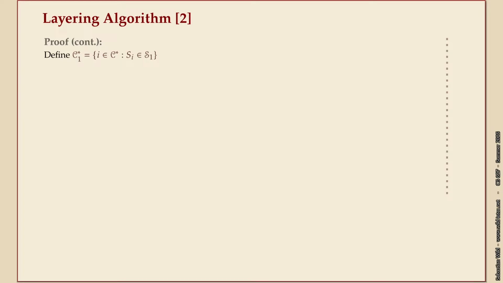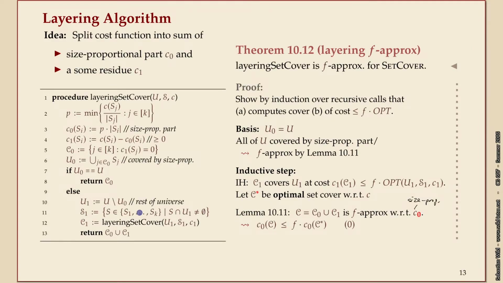Now for the interesting part, we have to work a little harder. So first of all, we look at all the elements in the optimal solution, where the set is in the recursive call. S1 was the sets that are not completely covered by the size proportional part.